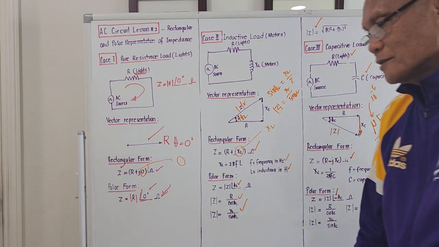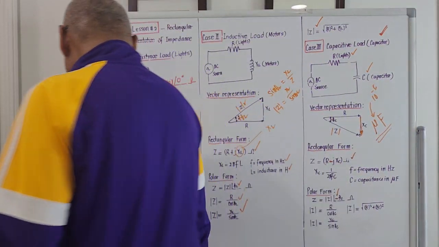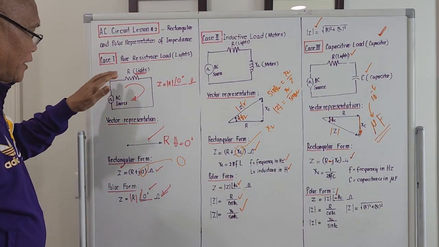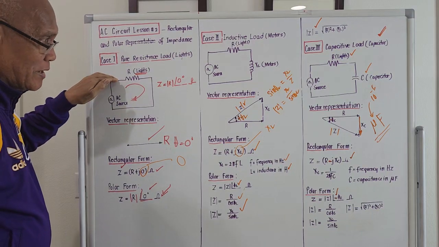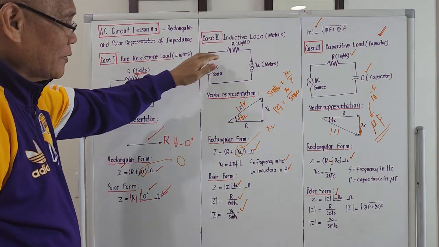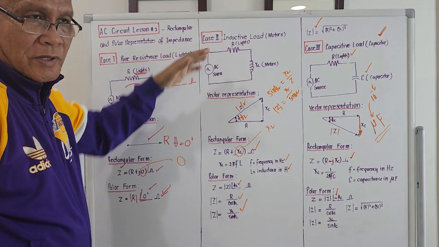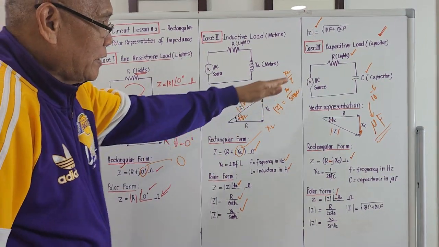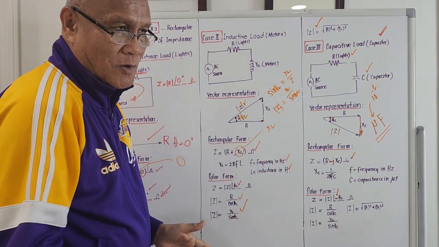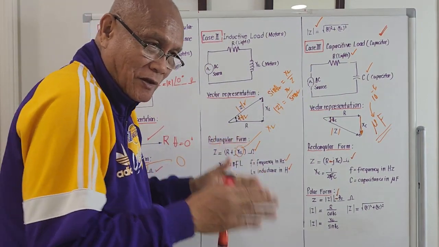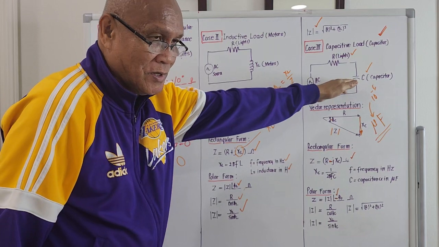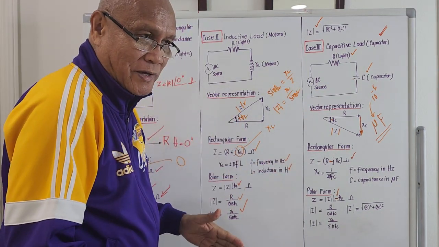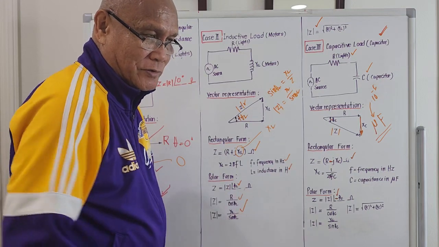Those are the three possible cases of impedance under an AC circuit. Case number 1 is a pure resistance load. Case number 2 is an inductive load, a combination of lightings and motor loads. And case number 3 is a capacitive load, a combination of lighting load plus some capacitors or synchronous motors which are overexcited to act like capacitors.